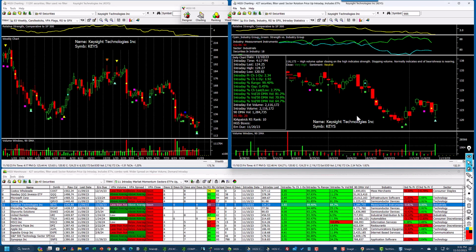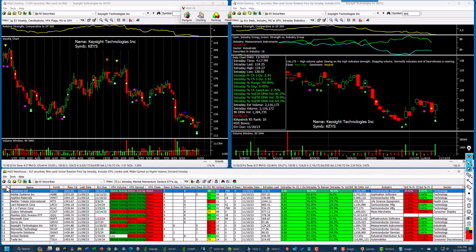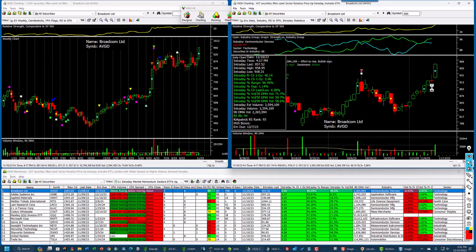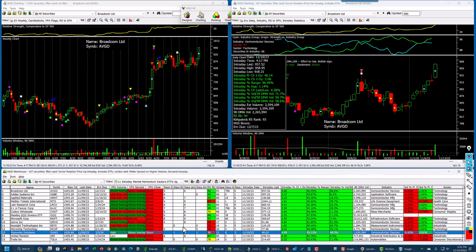It may be one to watch, although it's in a strong downtrend. But like I said earlier, most of these stocks are in strong uptrends, and they attracted a lot of institutional buyers today. If you're looking for stocks for Monday, look for stocks that have pulled back.